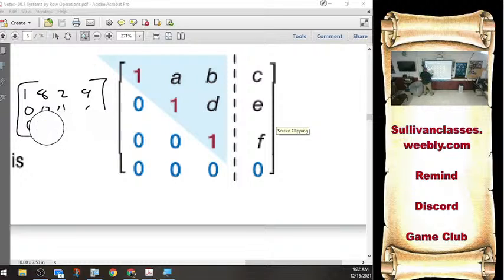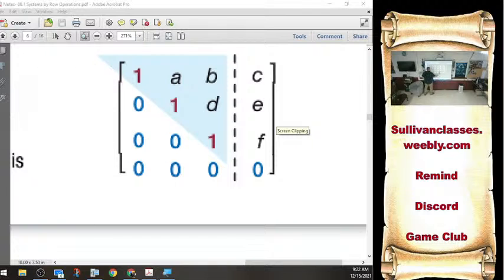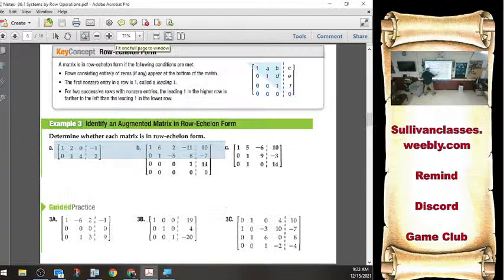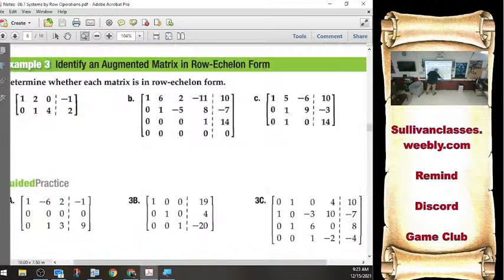Okay? So, row echelon form. This one, I'm allowed to have a 0 here because this isn't the first non-zero number in that row. This is, and it's got a non-zero above it.